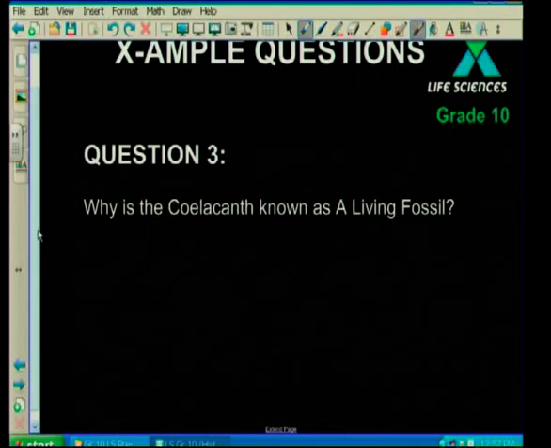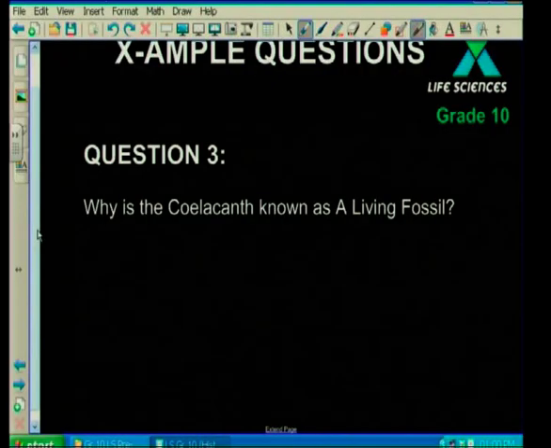We now look at some of the longer questions where the answers need to be in detail, looking at the most important facts as well. Let's look at question 3. Right, why is the coelacanth known as a living fossil? Right, what did we say?